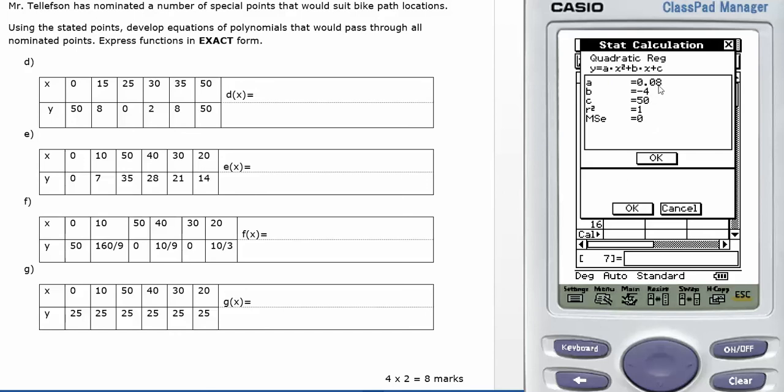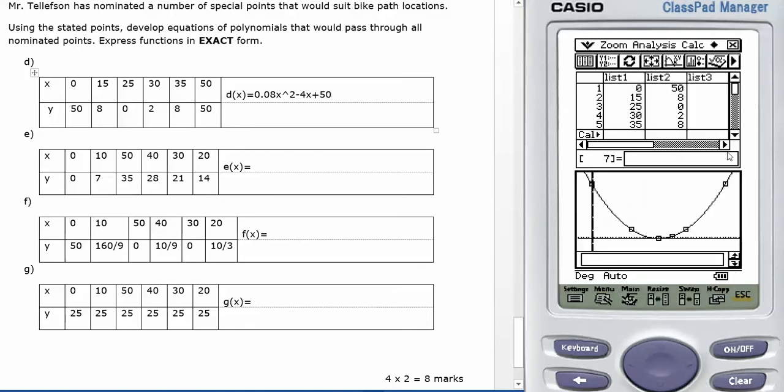So a equals -0.08, that's the value of a. B equals -4, c equals 50. So I've got negative 0.08 x to the power of 2 minus 4x plus 50, and if I go OK, perfect parabola.